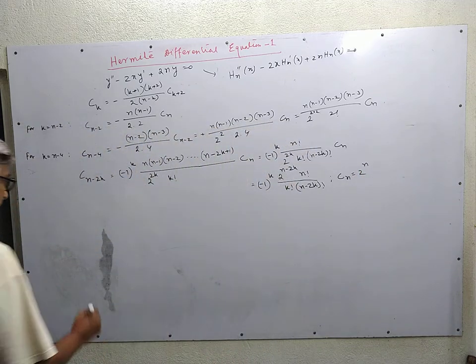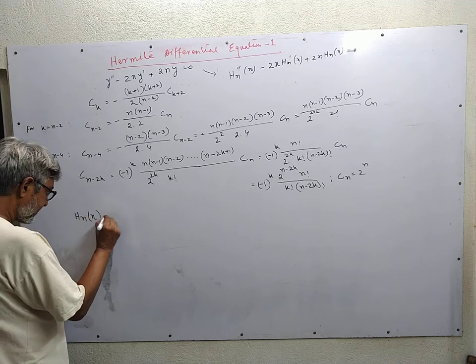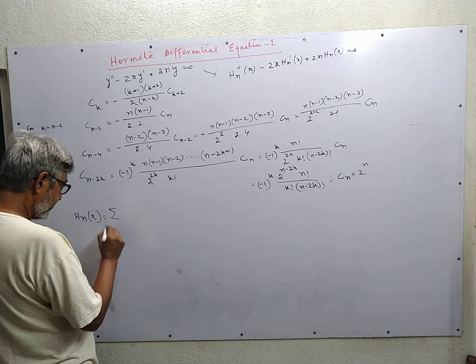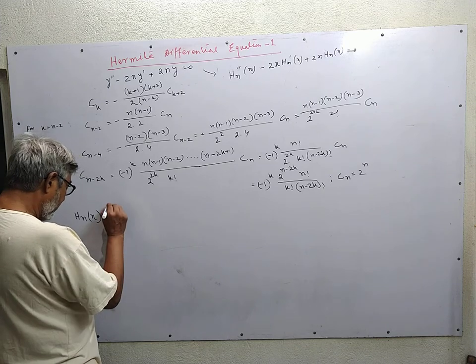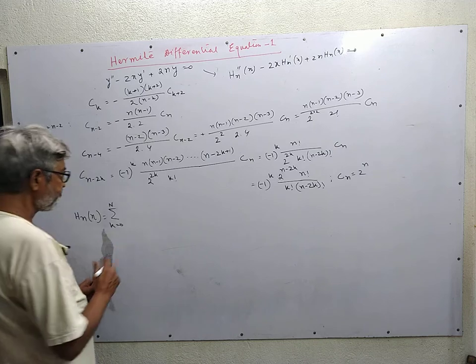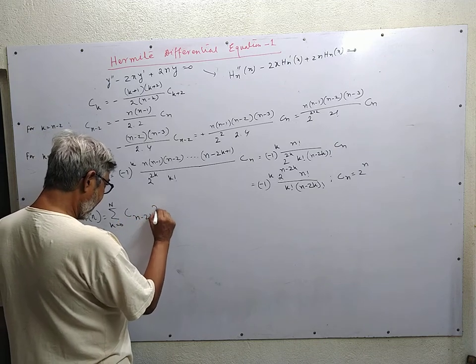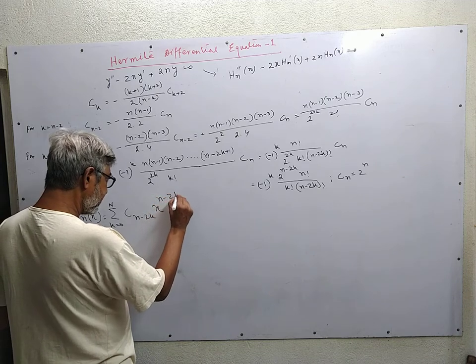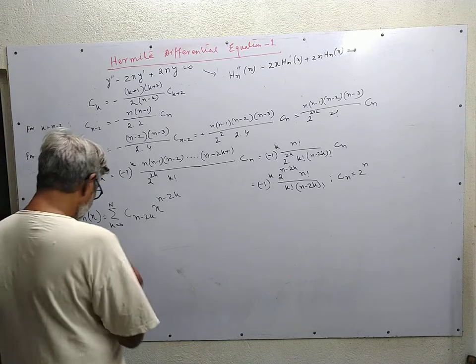So we write Hermite polynomial Hn of x is equal to summation over k is equal to 0 to capital N, C of n minus 2k x to the power n minus 2k. We have written the Hermite polynomial as a descending power series.